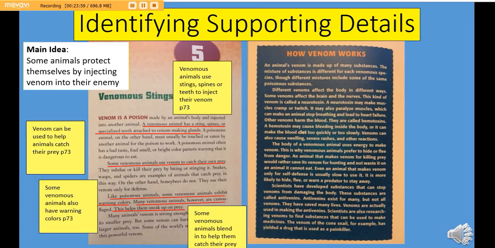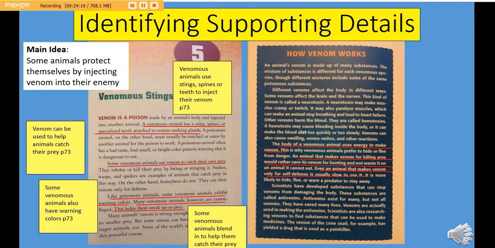Then on page 76, in the text box that says how venom works, I found out that the body of a venomous animal uses energy to make venom, and an animal that makes venom for killing prey would rather save its venom for hunting and not waste it.